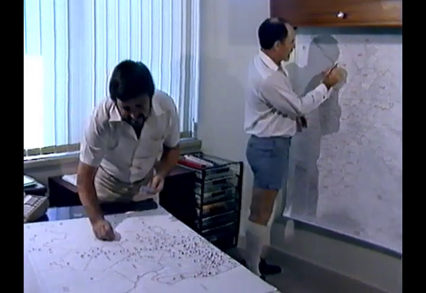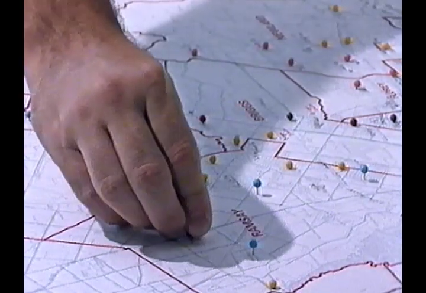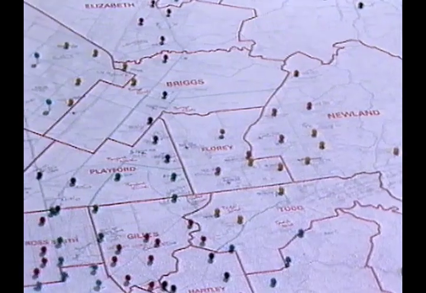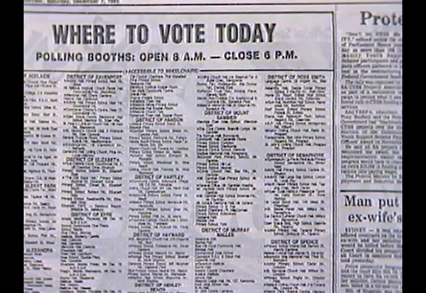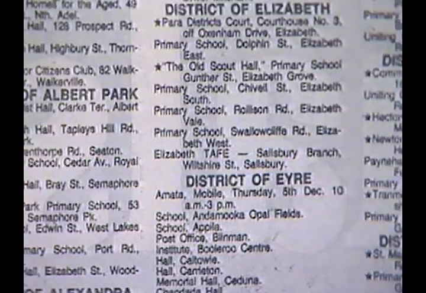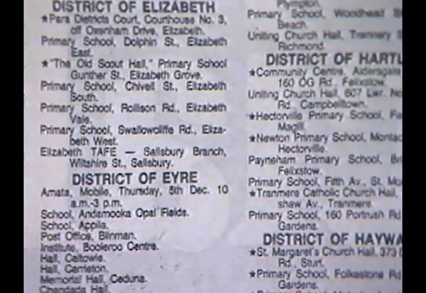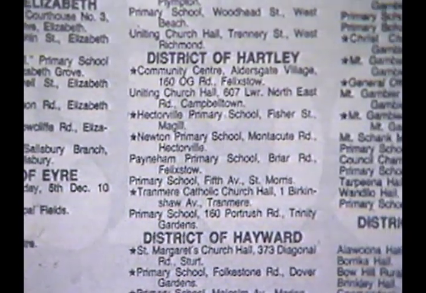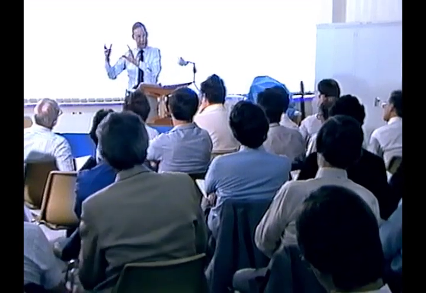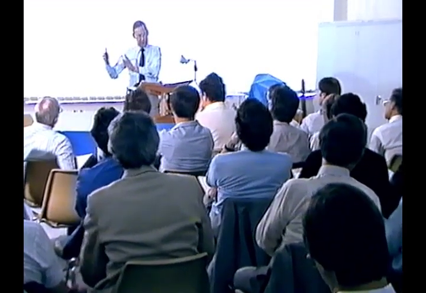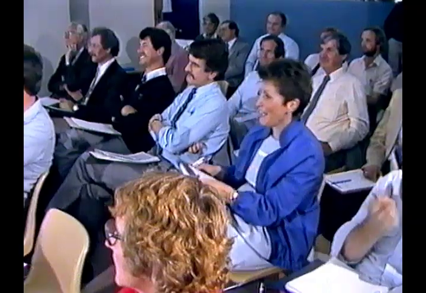The number and location of polling booths has to be decided upon and the various schools and halls hired. In the week before the election, the locations of the 800 or so polling booths are also widely advertised in newspapers. Intensive training sessions are held for the returning officers. They in turn hold training sessions for their own polling booth staff.